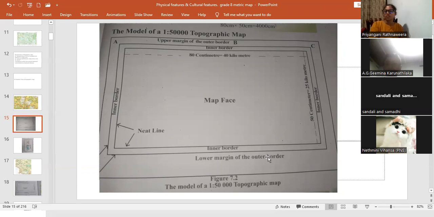This large one is located outside, so it is called the outer border. Can you understand? There is some information in these 2 borders. These are called peripheral information.